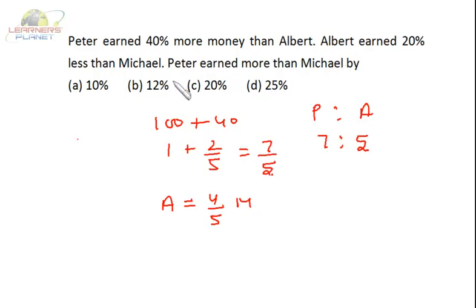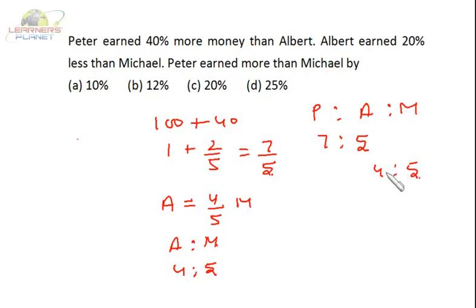That means Albert is to Michael is 4 is to 5. Okay. So just write it over here. Albert is to Michael is 4 is to 5.